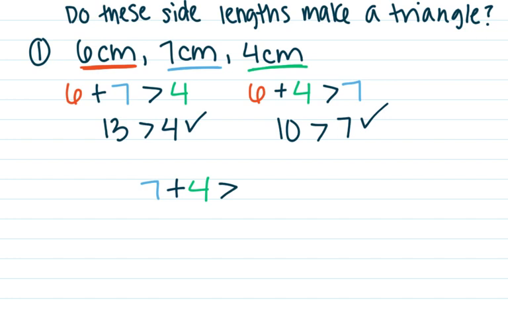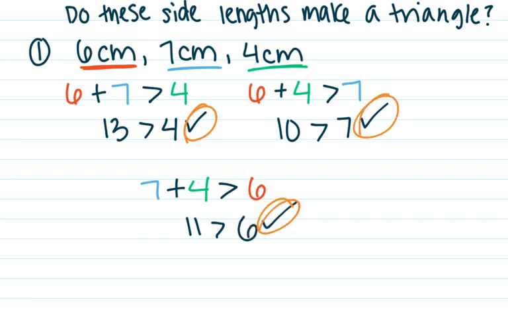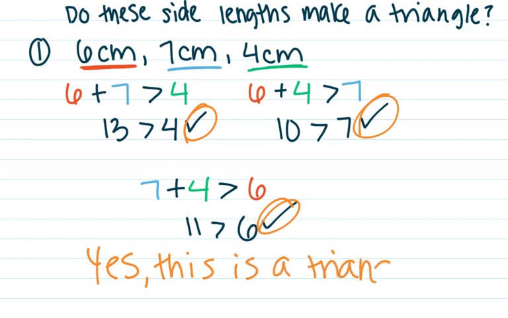And those two have to be bigger than red. 7 plus 4, that's 11. Is 11 greater than 6? Yes. And I have check marks on every single one of these. And so, yes, these side lengths would make a triangle. So these side lengths actually would fit together to make a triangle.